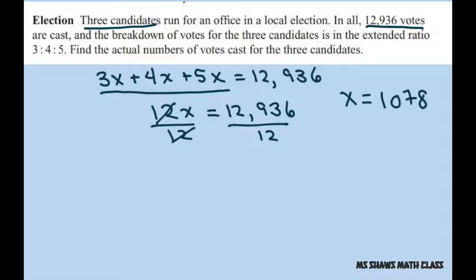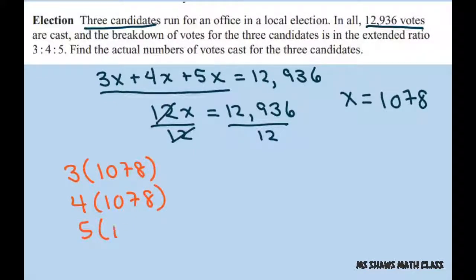So to find the votes of the 3 candidates, you just multiply 3 times 1078, 4 times 1078, and 5 times 1078. Multiply this by 3, and you get 3234. Multiply it by 4, and you get 4312. And 5 times 1078 equals 5390.